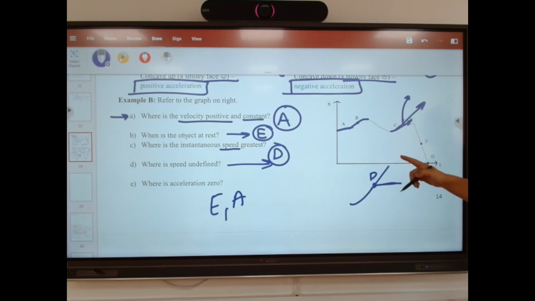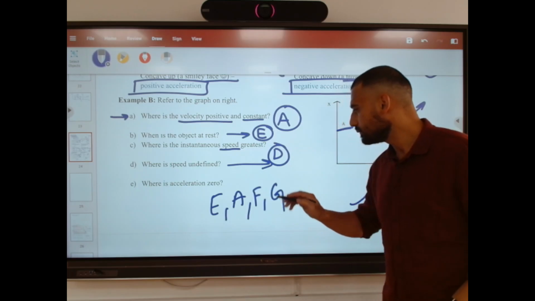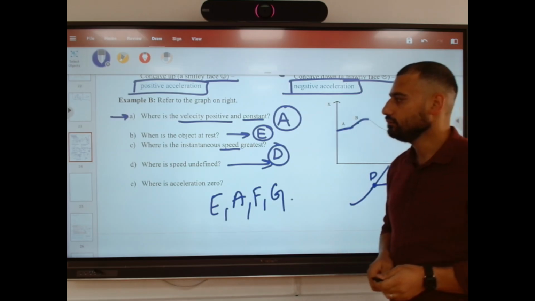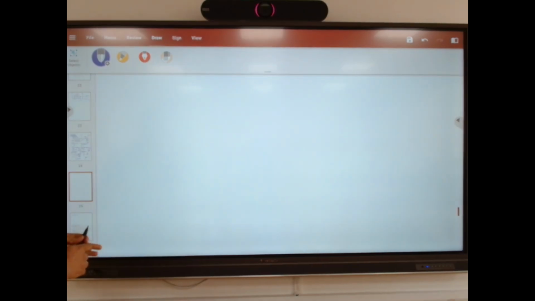So it will be E, A, F, G. Is that clear? See from a single graph how much information was hidden. Clear? Okay.